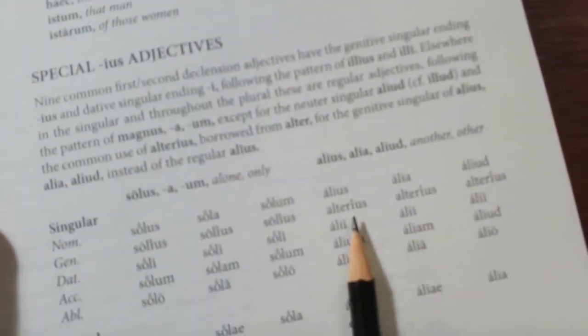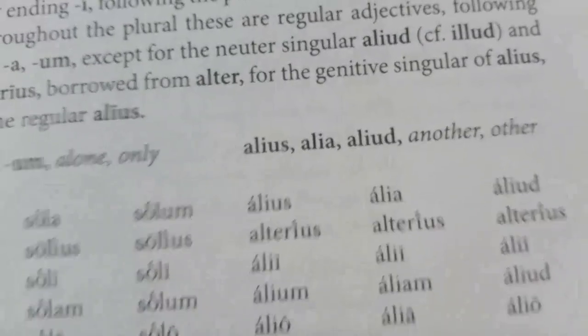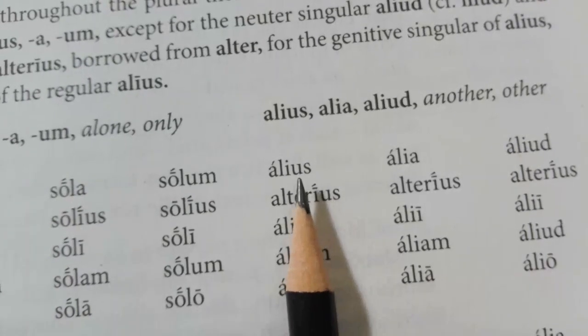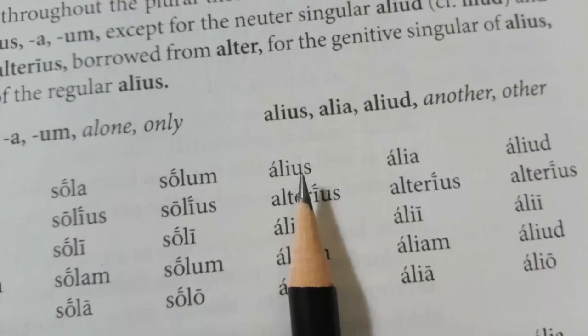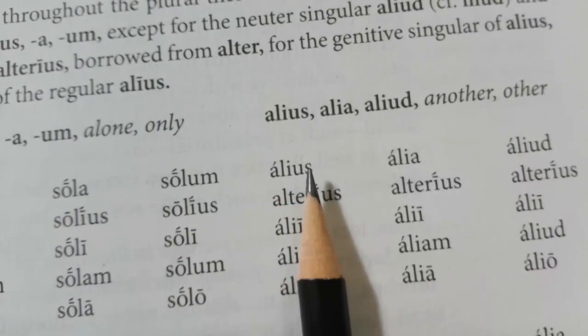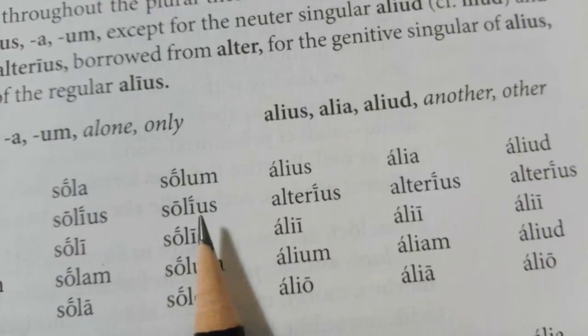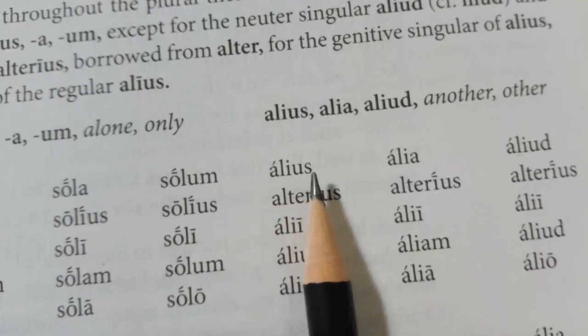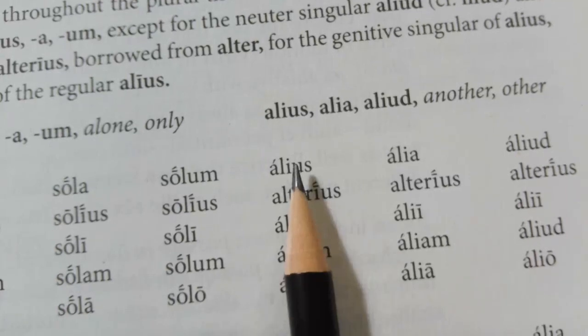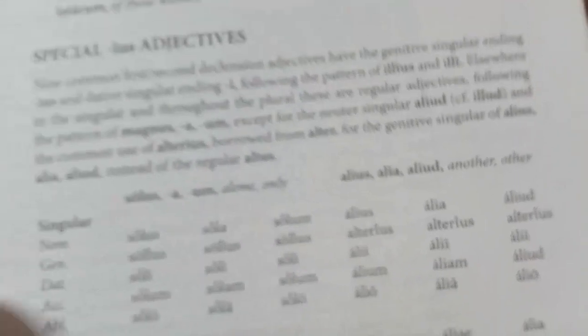That actually makes me think about alterius, and why you might borrow from alter for the genitive singular: in this particular word, alius, the nominative has the appearance of a genitive, with the -us ending. So they use alterius for the genitive to distinguish it from the nominative, to avoid confusion there. All right, but let's go back to our vocab.